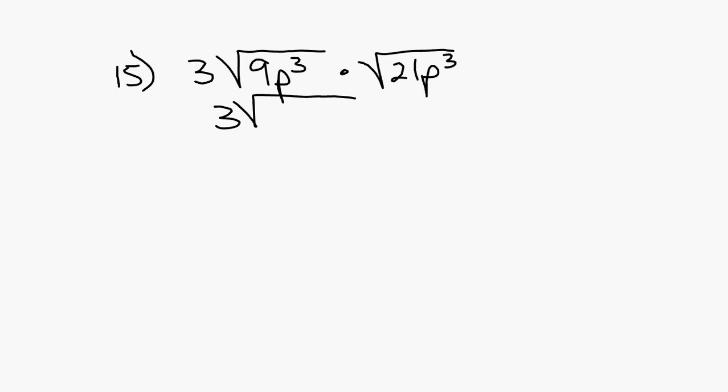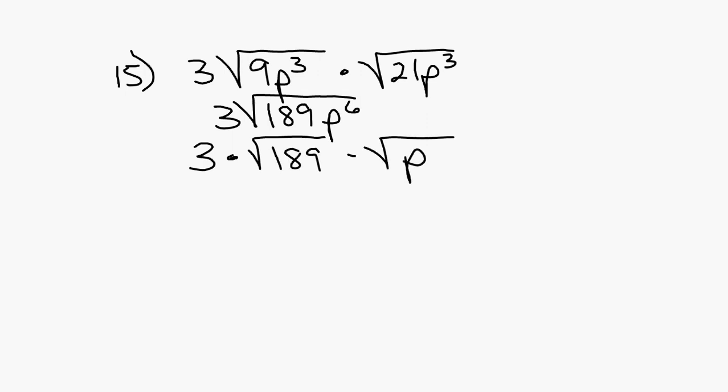And p to the third times p to the third is p to the sixth. So now we put it together. We're going to take it back apart and factor it. So we got 3 times square root of 189 times the square root of p to the sixth.